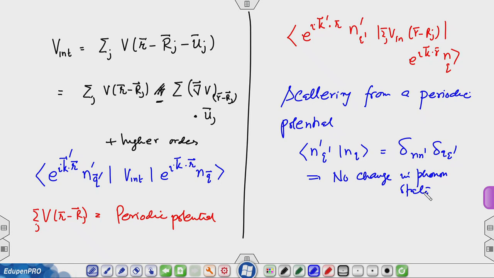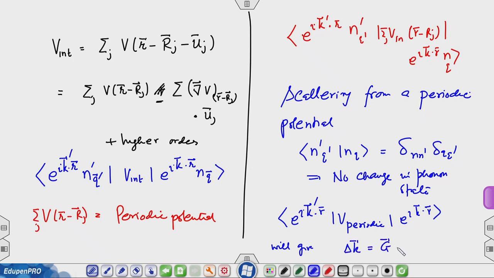This is like a static lattice, and this e raised to I k prime dot r, V periodic, e raised to I k dot r, will give you delta k is equal to g, the Laue condition.